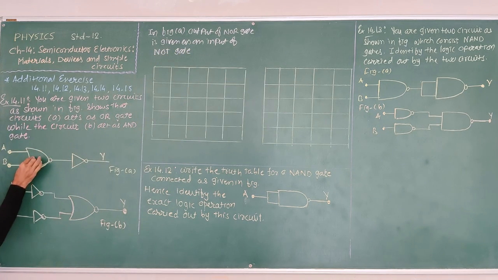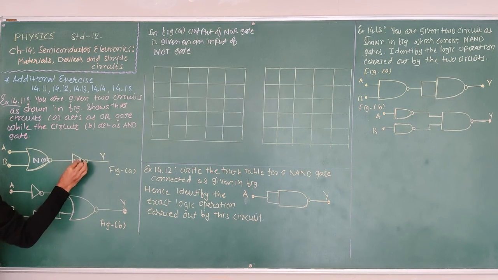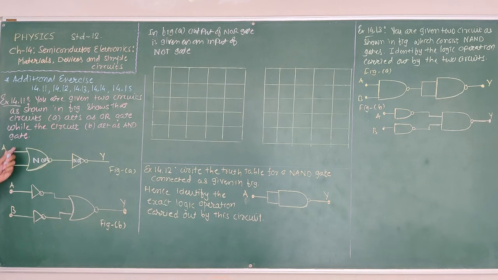So that is the NOR gate, that is the NOT. Now here the inputs are A and B.